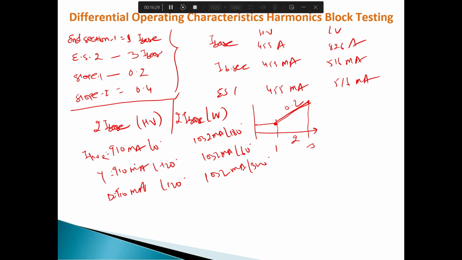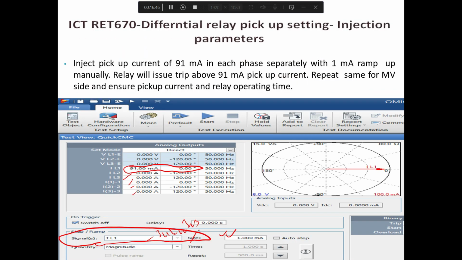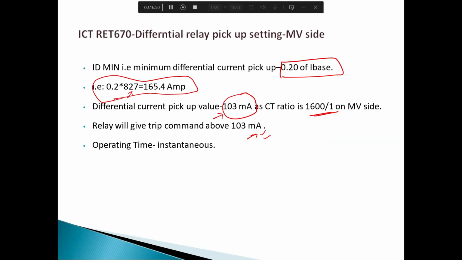If I inject this current, since this current is balanced on both sides, the relay will issue no trip up to this point. Now what I have to do is increase the current on any one side. Suppose I am increasing the current on this side with a simple ramp up. So I will select IL123 and start ramping up the current of any one side.